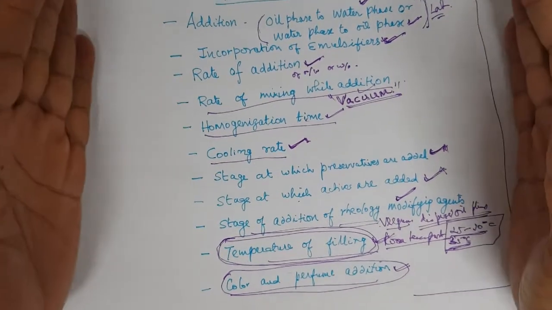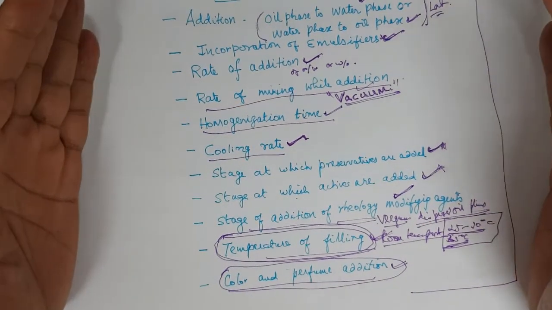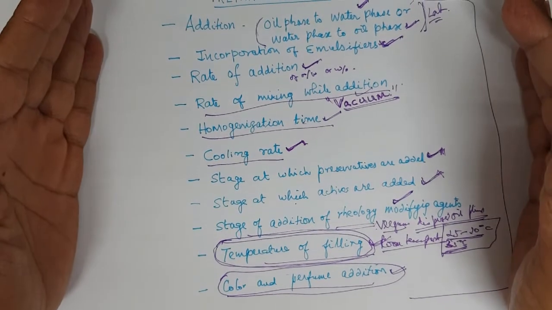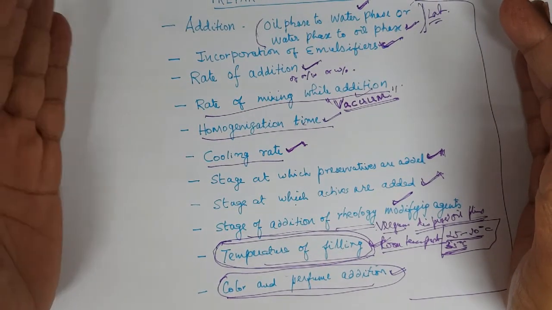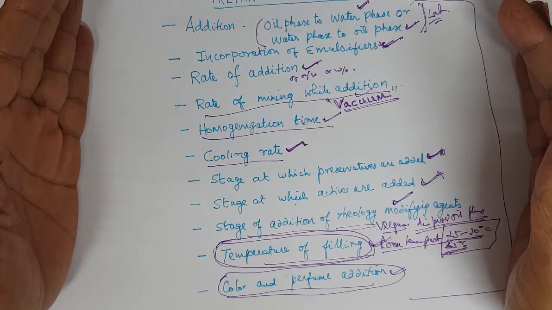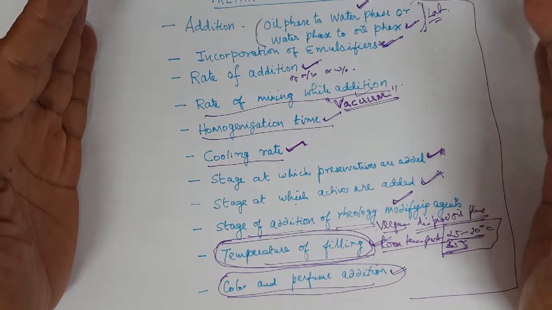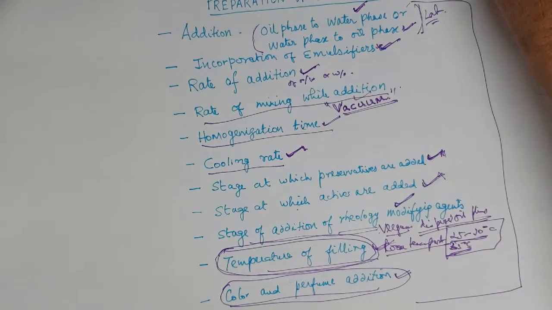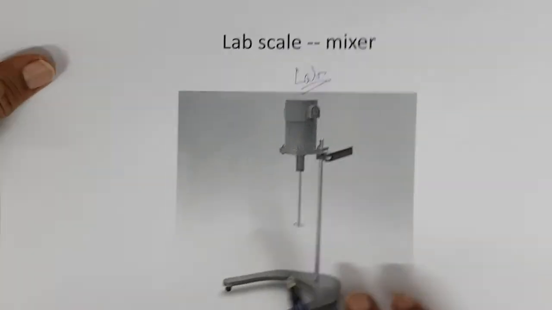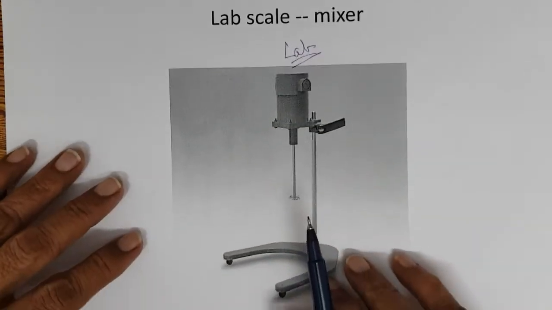So there are a lot of aspects which you have to be thorough about, you have to study between the lab batches and the pilot plant batches before we take it to the factory trials. So usually in the lab, a propeller mixer is used.